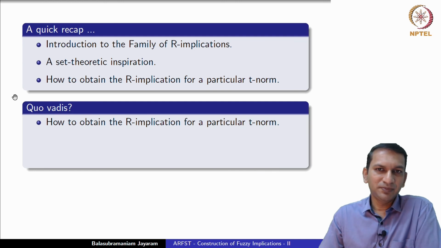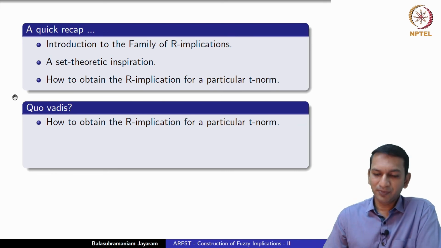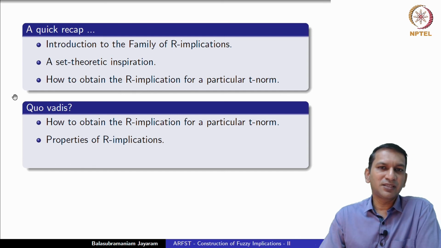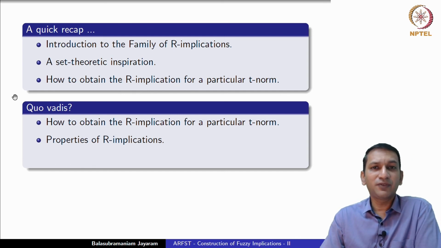In the next lecture, we will look at obtaining the formula for yet another R implication from another T-norm, perhaps the product T-norm. And then we will discuss the properties the family of R implications does possess vis-a-vis the identity principle, ordering property, the exchange principle, and the neutrality property.